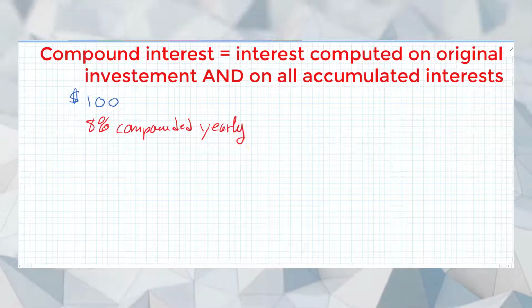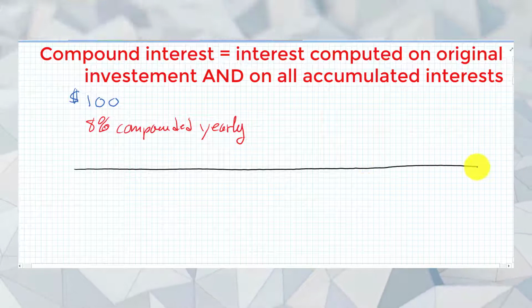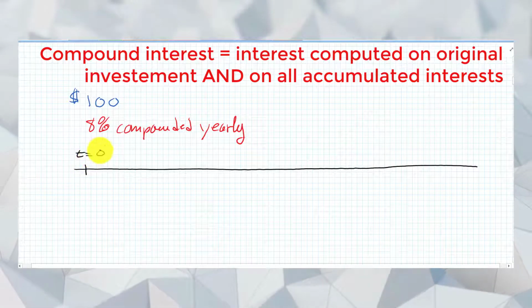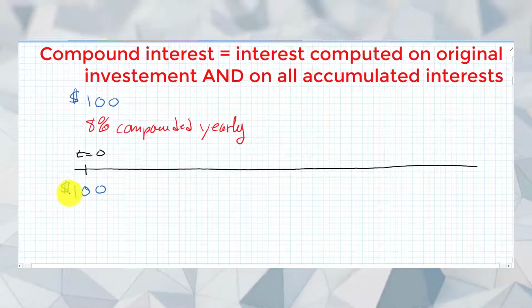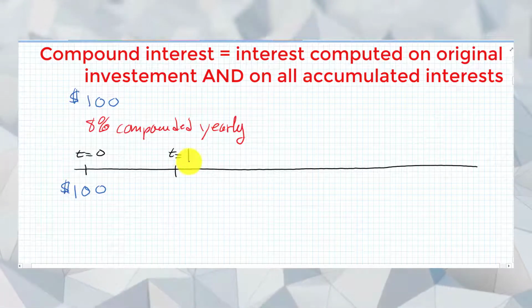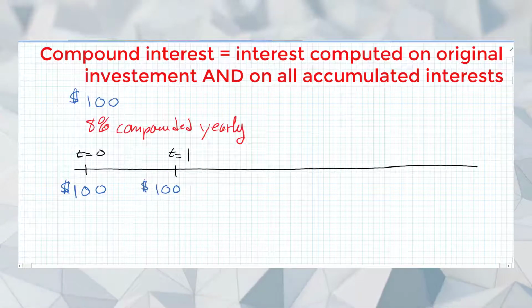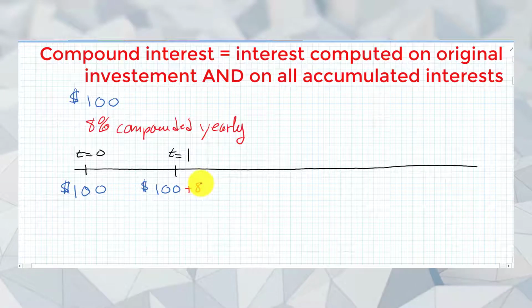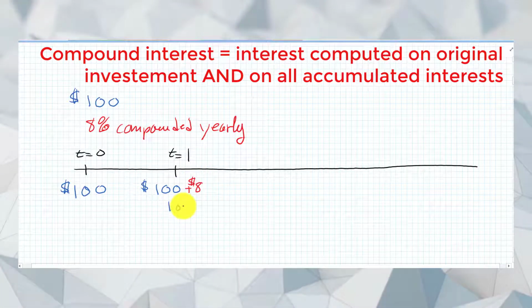So what does it mean? Again, here's a timeline of the situation. We start at t equals 0 with the original investment. That was $100. Then what's going on at the end of the first year? Well, you have the $100 that you invested and you add the interest, which is, again, $8. And so you have $108.